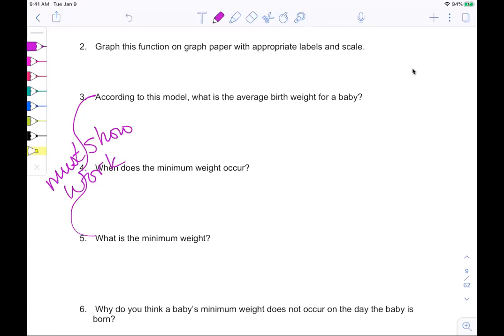So the calculator can be there to support your work, but it can't be your actual algebraic work. The problem that we just went over, parts B, C, and D, will help you answer 3, 4, and 5. Does anyone have questions?